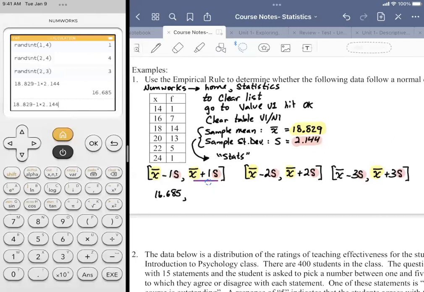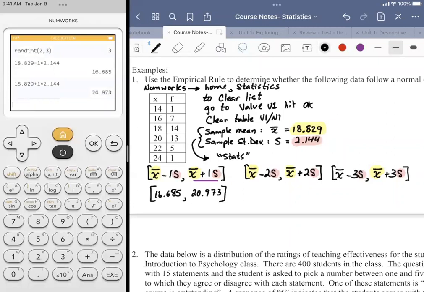It brings you to the bottom of the screen where you can make edits. So I'm going to change that minus to a plus, and then hit Execute or OK. And I'm going to get 20.973.